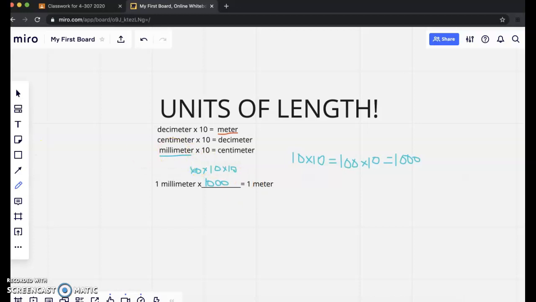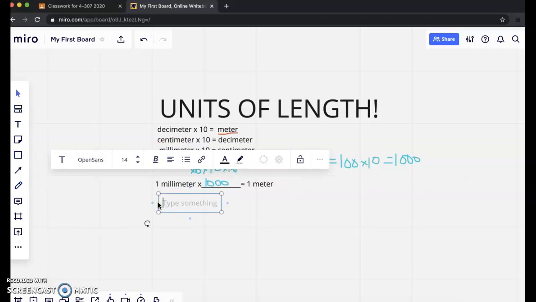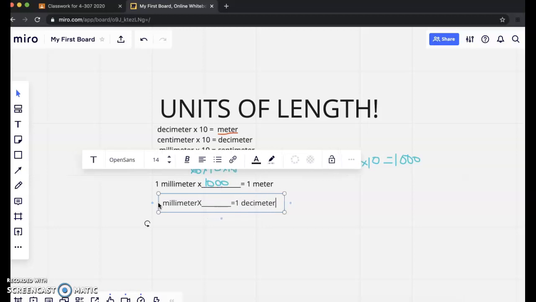How do you get from a millimeter times what equals, let's say, a decimeter? All right? How do we get from one to the other?